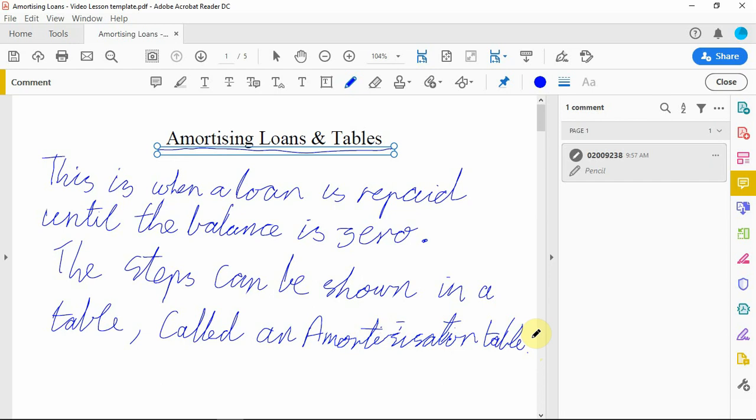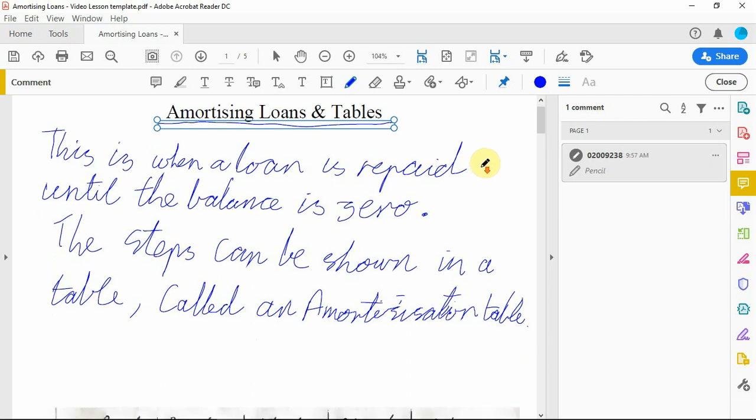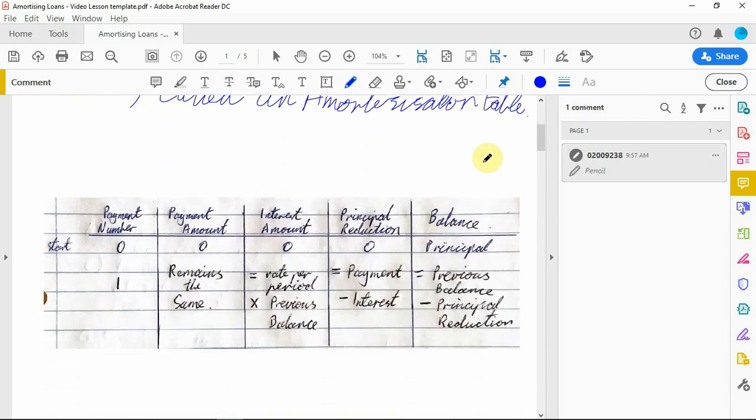One of those weird words that I have trouble pronouncing correctly. Alright, so it's just a table, and that's terrible writing. Apologise for that. And that table, you just continue that until you have a zero balance. So here in this graphic, if you need time to write this down, pause the video, get it down, and then come back to it.